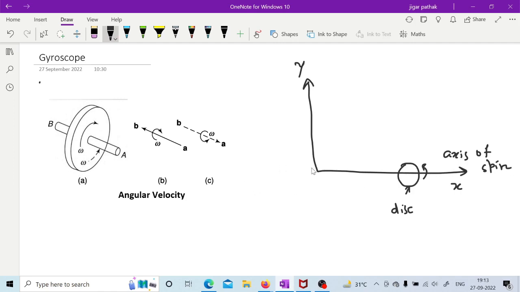Now if this rotating element has any rotating motion about this y-axis, which can be considered as the axis of precession, then whenever this disc rotates about the y-axis also, in addition to its spin axis, there will be a generation of angular acceleration, and that angular acceleration will try to move the object or the disc in a particular direction.